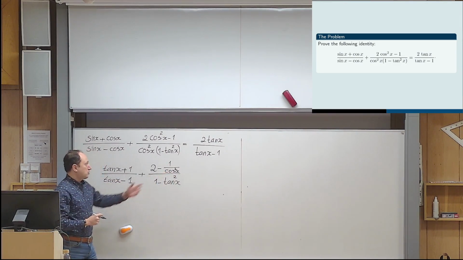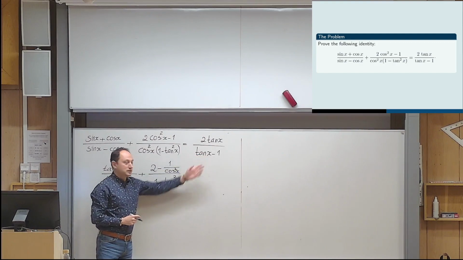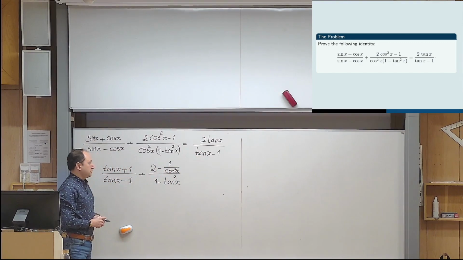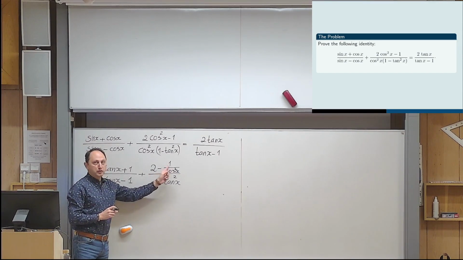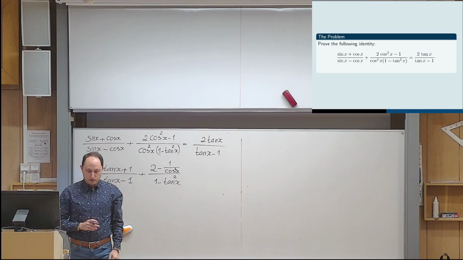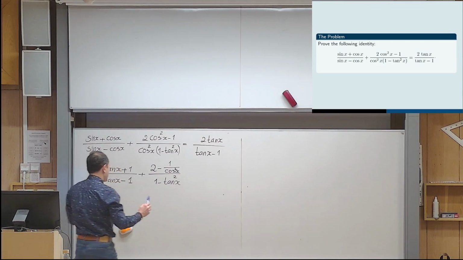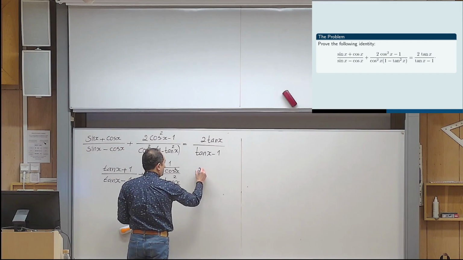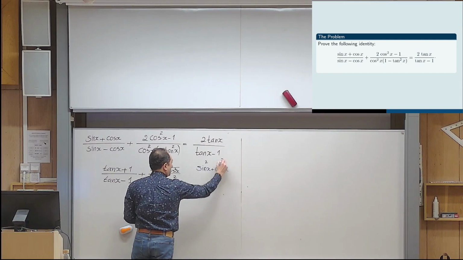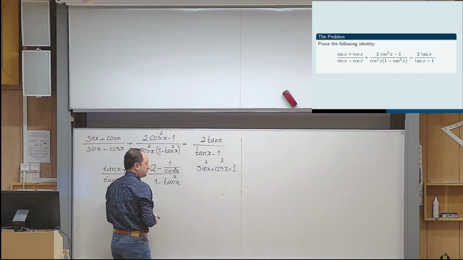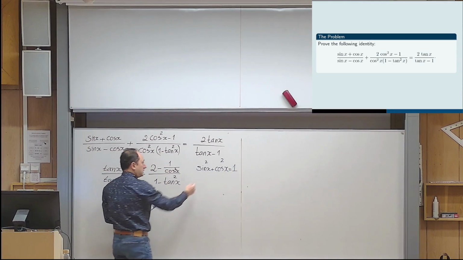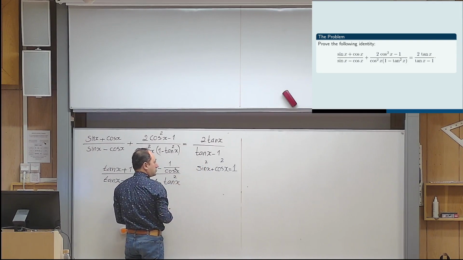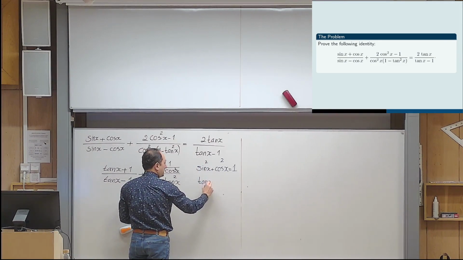Because as I told you, my goal is to write everything in terms of tangent, but this one is a little bit problematic. But it will be solved if you remember that this is also a famous identity in trigonometry. What is that? For example, you know that sine x squared plus cosine x squared is equal to 1. So if I divide everything by cosine x squared, what will happen? If I divide this by cosine x squared, it becomes tan x squared.